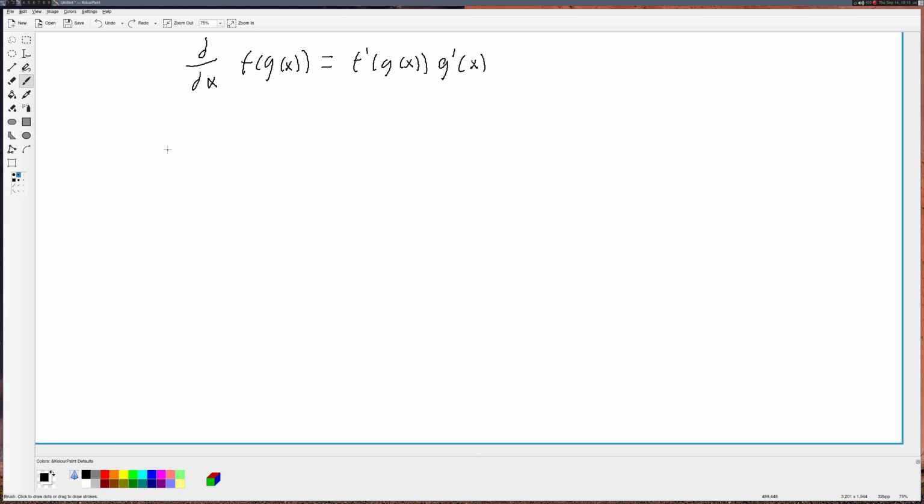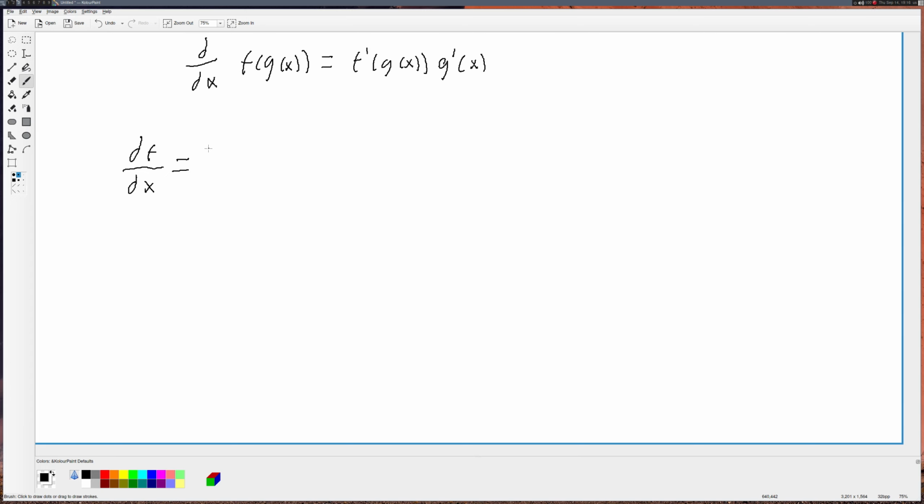Now that we know that really a derivative is just a tiny change in the output over a tiny change in the input, we can say that the derivative of this is really df over dx. Now, the hard part is we have to account for g of x, which is just this middle step that sort of messes with stuff.